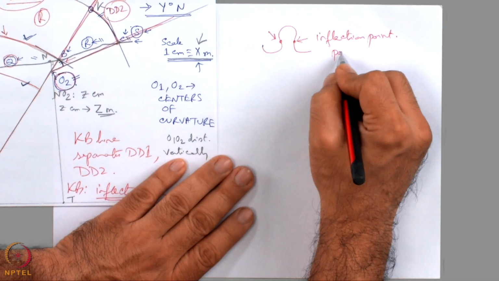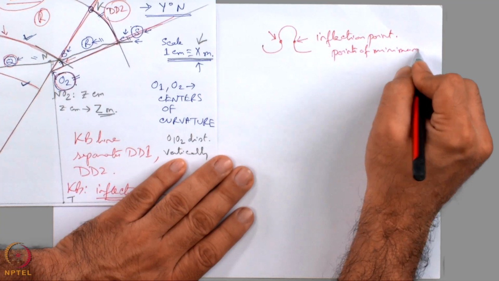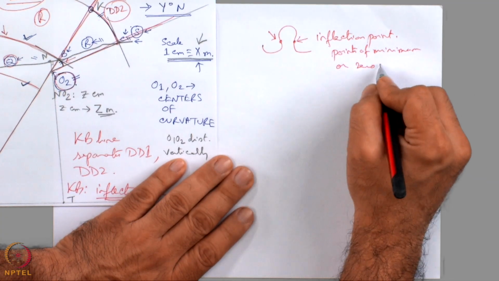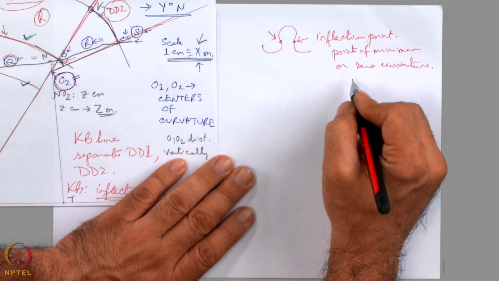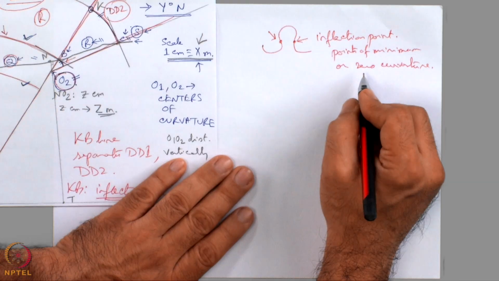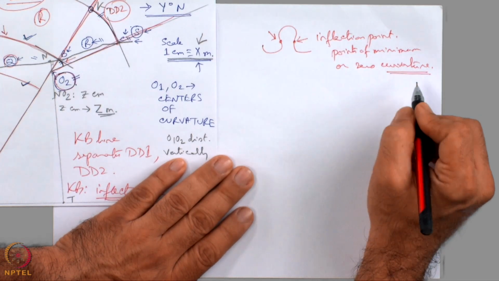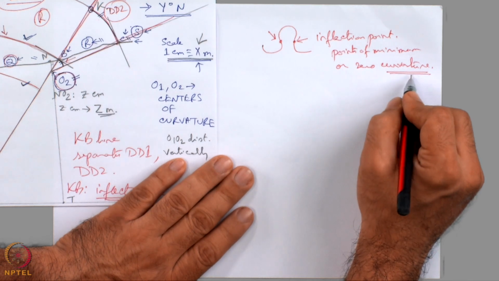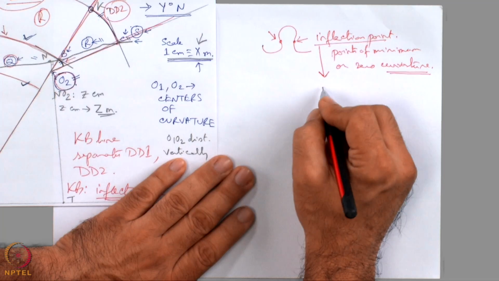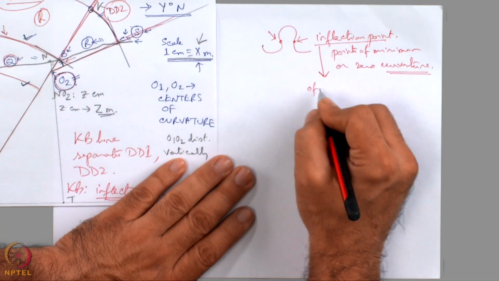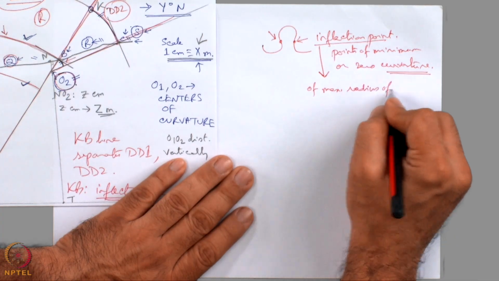They are the points of minimum or 0 curvature in the fold geometry for a single layer. Since curvature is equal to 1 divided by radius of curvature, from here we can also say the inflection point is the point of maximum radius of curvature.